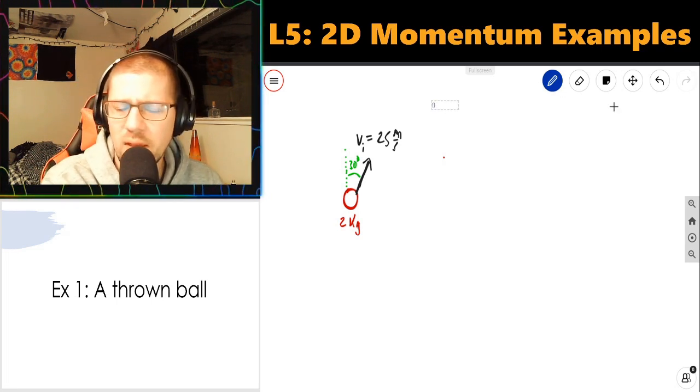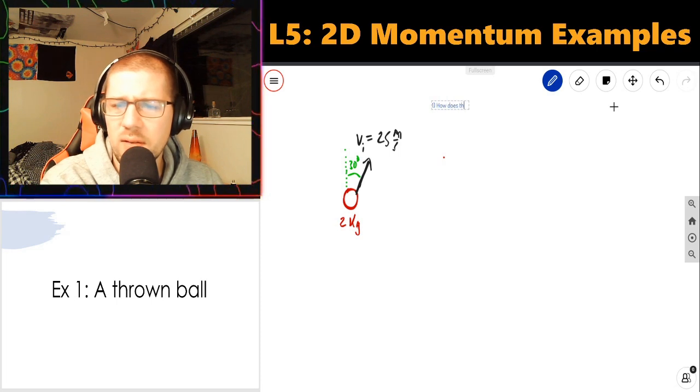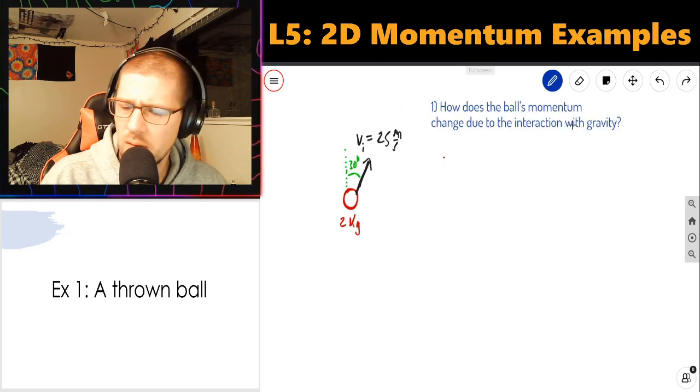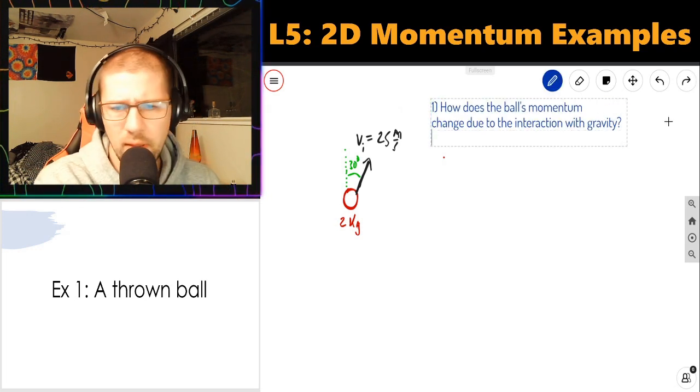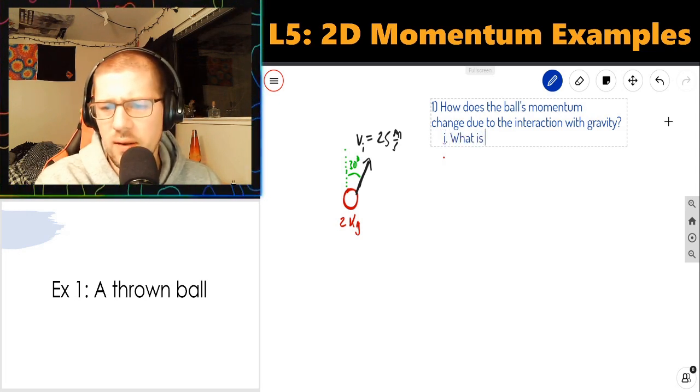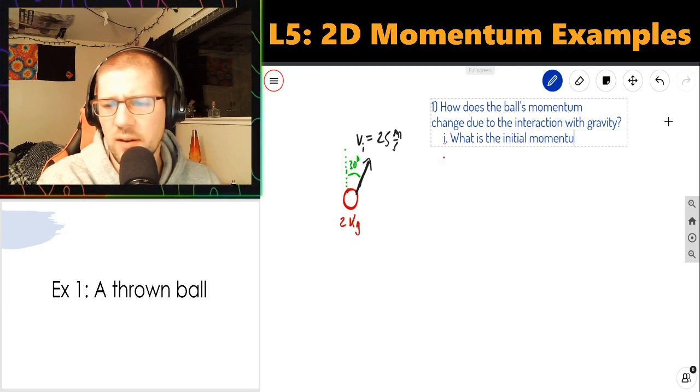One, how does the ball's momentum change due to the interaction with gravity? I suppose to answer that question, I'll need a couple of other things. So I'll need part one: what is the initial momentum vector P?